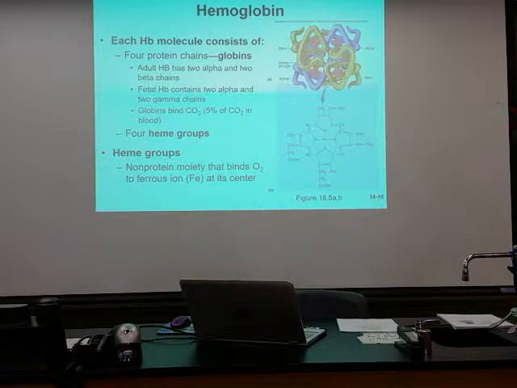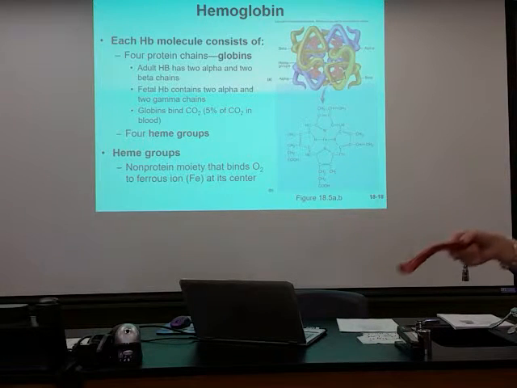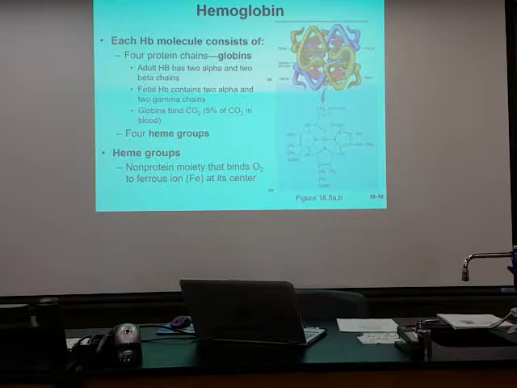Okay? Now, it doesn't mean that every single one of the heme groups is connected to an oxygen, okay? Doesn't mean that. It says it can carry up to 4.